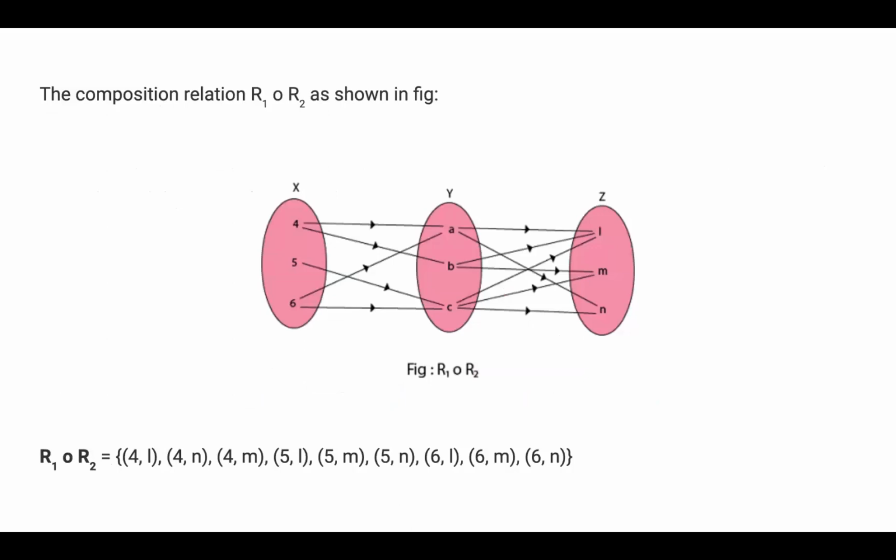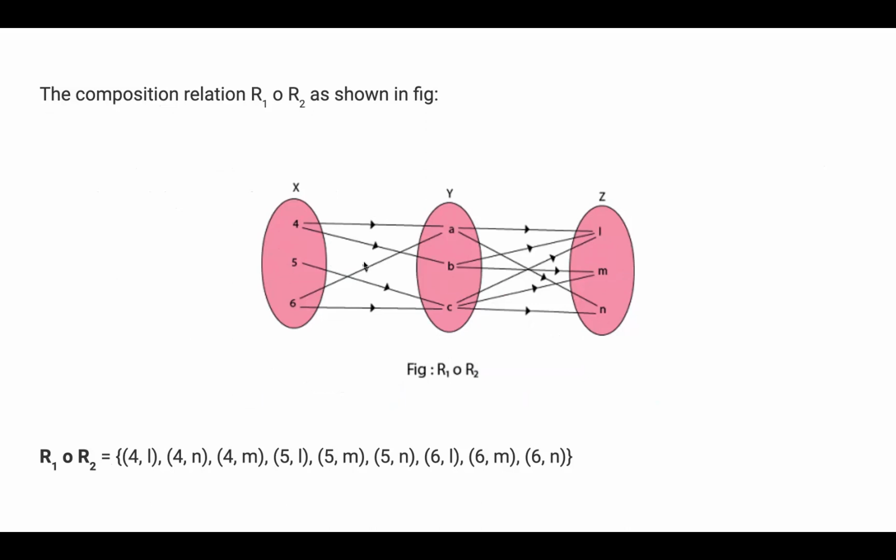Then how we went for that is this one, we draw the diagram. Then 4 to a to l is there, 4 to a to n is there. So 4l and 4n will be the pairs for R1 composite R2.